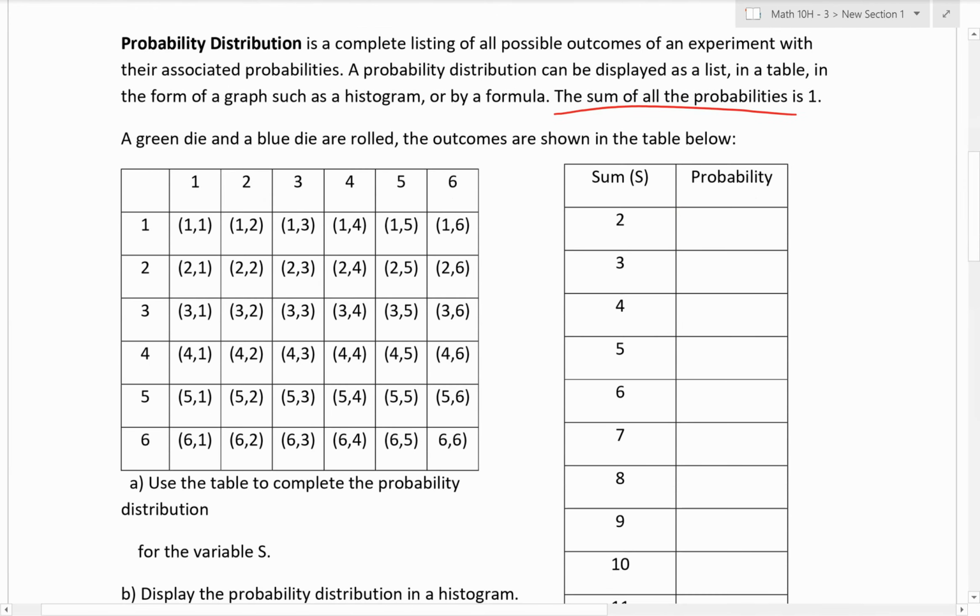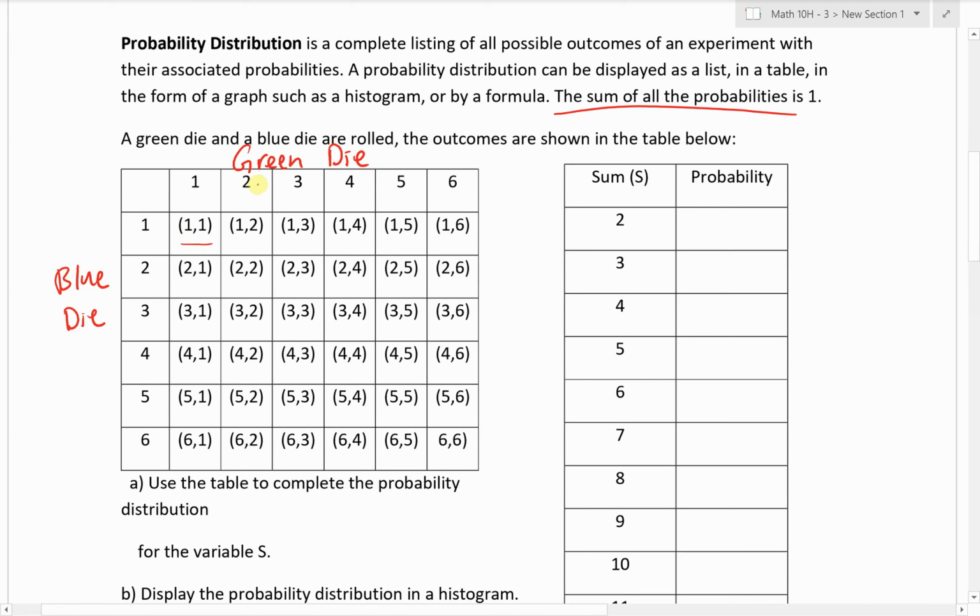So let's look at an example. We have a green die and a blue die, and they are rolled. The outcomes are shown in the table below. Let's say this is the green die and this is the blue. You can see if you roll 1 for the green and 1 for the blue, you get a result of 1, 1.